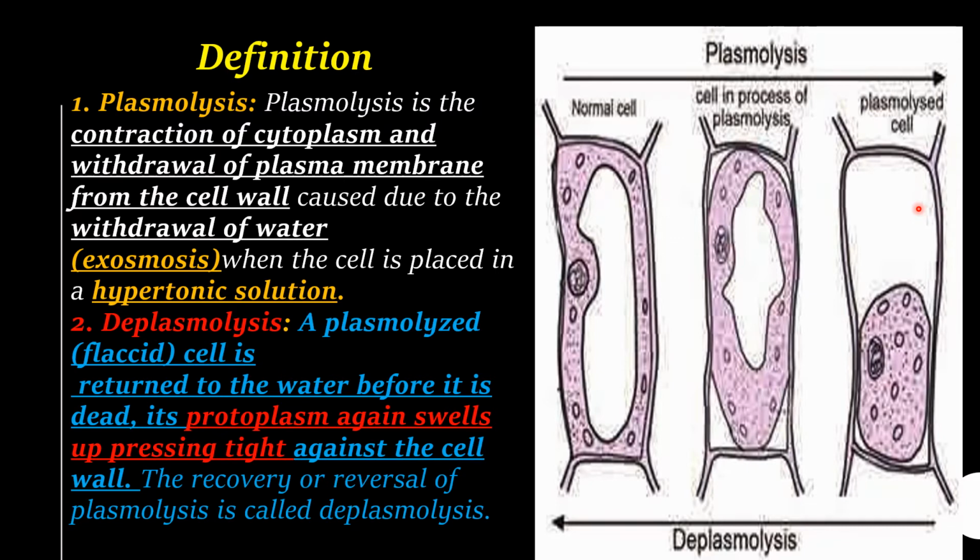I hope you understood. Plasmolysis happens when a cell is placed in hypertonic solution. Exosmosis will occur here. At the time of deplasmolysis, the plasmolysed or flaccid cell is placed in hypotonic solution. Then endosmosis will occur. Then the cell becomes turgid.